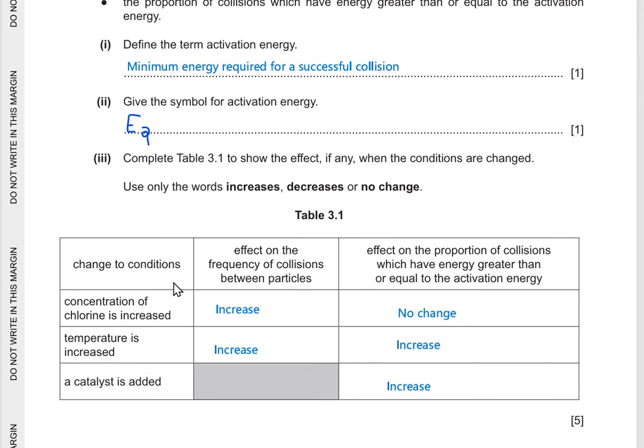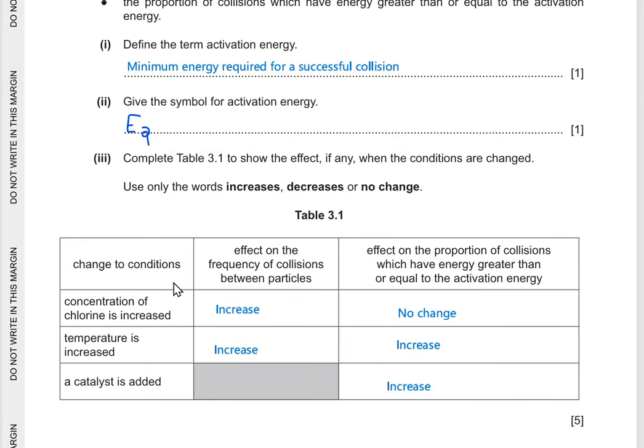The frequency of collisions between particles is basically what is affected by temperature and by concentration. But the proportion of collisions which have energy greater than or equal to the activation energy is basically measuring the particles themselves.